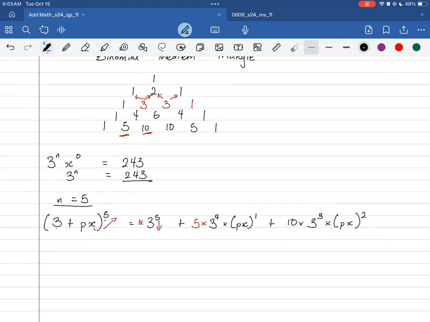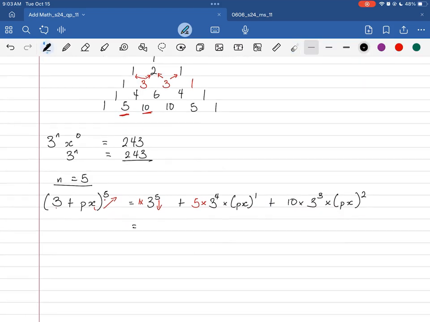So now this is 3 to the power 5 times 1. We already said that 3 to the power 5 is 243. So 3 to the power 4 times 5, that's 5 times 81 px, plus 3 to the power 3 is 9. Sorry, 3 to the power 3 is 27, not 9.